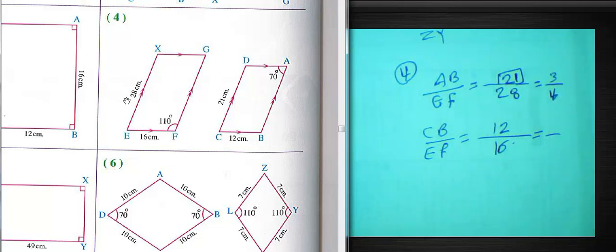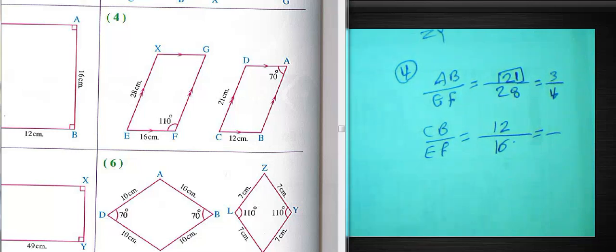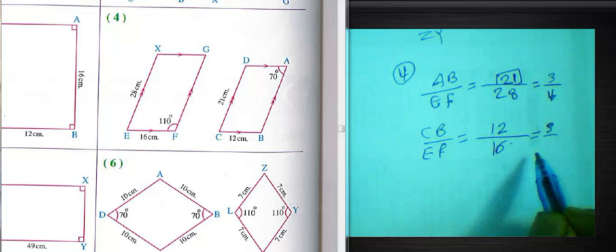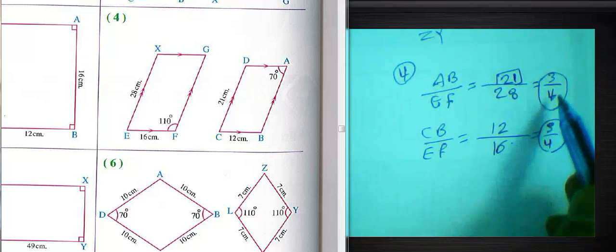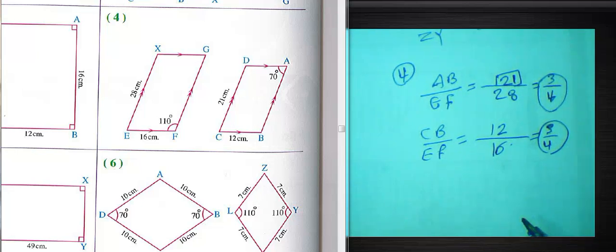You can find the ratio by dividing by 2 or 4. You can divide it by 4. 12 divided by 4 equal 3. 16 divided by 4 equal 4. So we have the proportional here. It's easy for you.